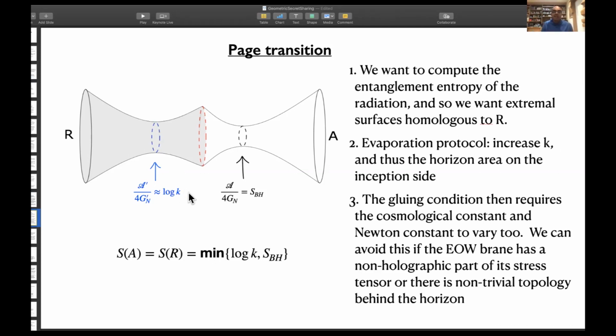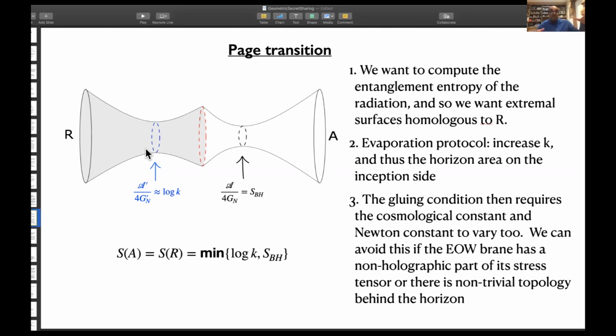So then it's completely clear what's going to happen in this setting. When this quantity is small, the entanglement entropy of the radiation, S of R, is going to be equal to this area, A prime over 4G Newton. And then at some point, if you make this much bigger, you're now threatened with violating the Page bound, that the entanglement entropy of the radiation can't be more than the black hole entropy.